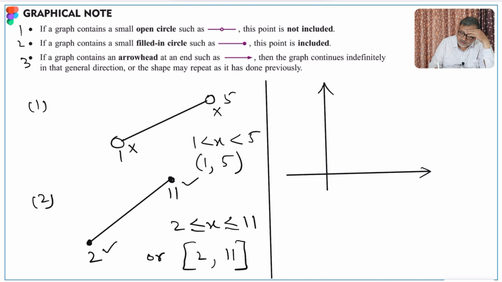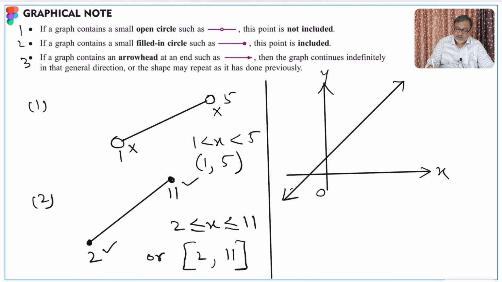In the case of a straight line, we know that a straight line is an infinite set. So if there are arrows, then it will be extended infinitely, or indefinitely. It continues. It will continue here. It will continue here. That is the meaning of arrowhead.